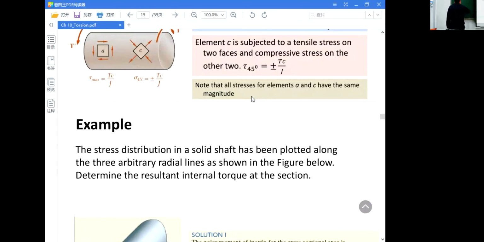The distribution of the shear stress over the cross section is this. Suppose T is in this direction. This is tau max.